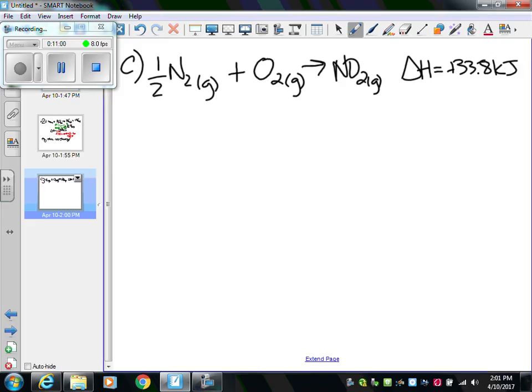Okay, so our change in enthalpy, or the change in heat, is 33.8. That positive tells me what? It's endo. Okay. So if I have an endothermic one, it's going to shift to the left.